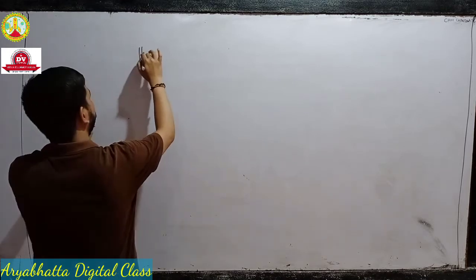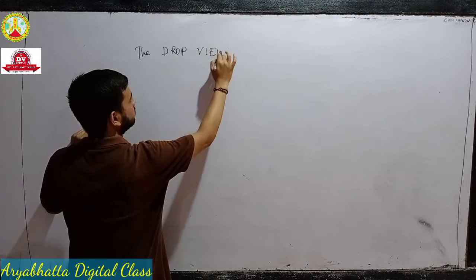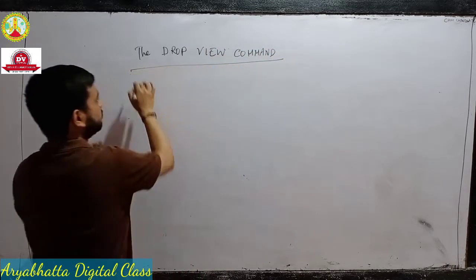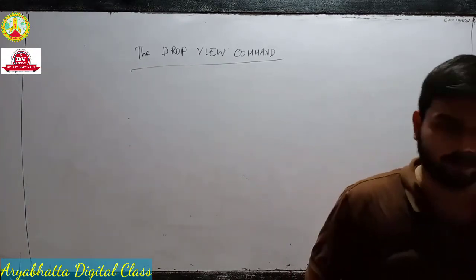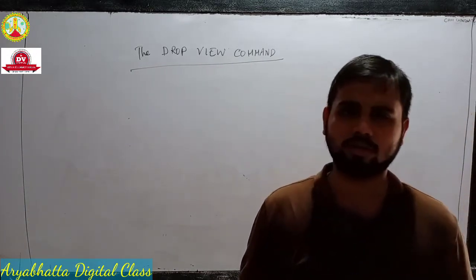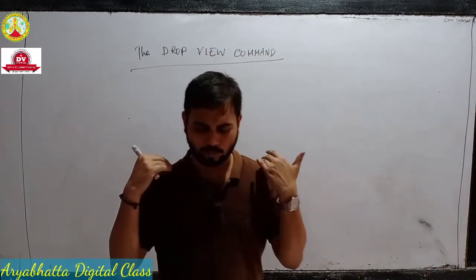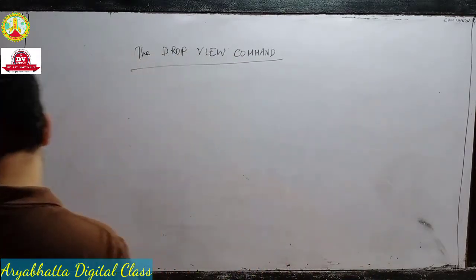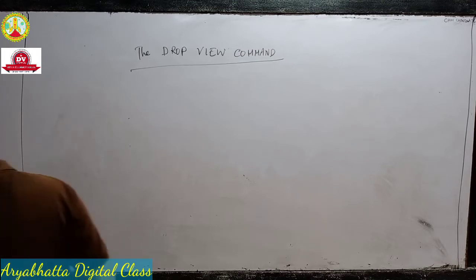The drop view command. What is drop view? View means a partial table, just simple. The first one is drop table, where you drop an existing table, and this is where you can drop a partial table. That's a simple thing.